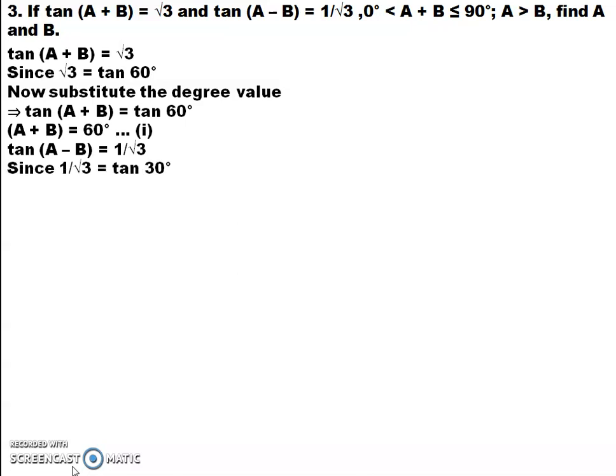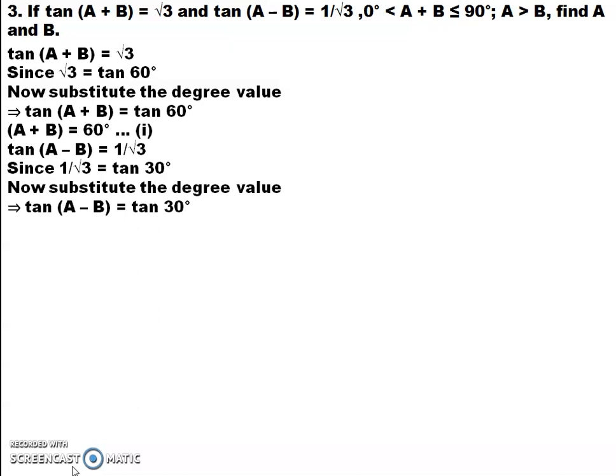You can find that tan 30 is equal to 1 by root 3. So how will you equate? tan(A − B) is equal to tan 30 degree. So A − B is equal to 30 degree.